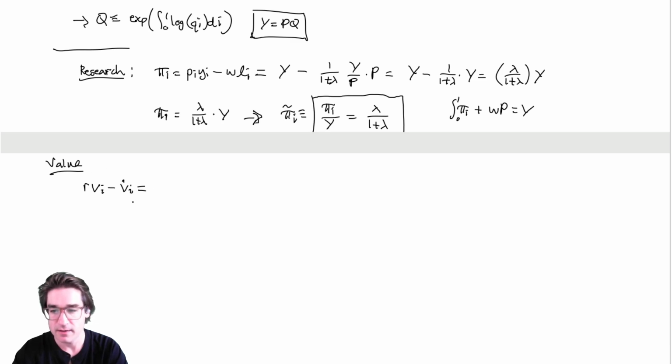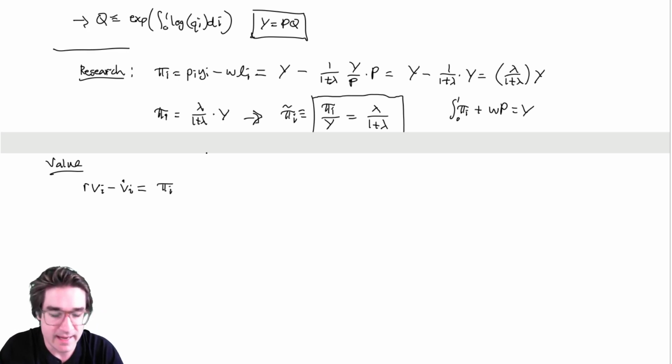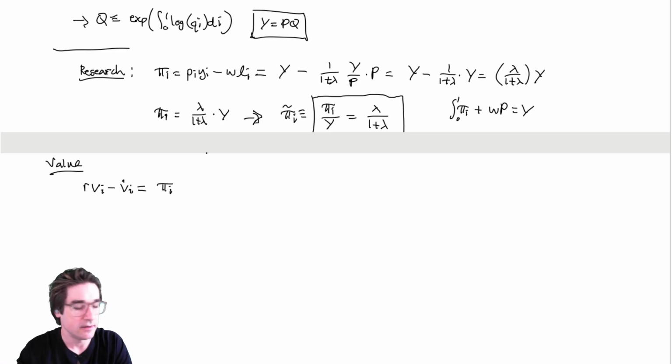We'd have this rV minus V dot form that you always get on the left side, equal to some flow profit value. That's all we had at the end.